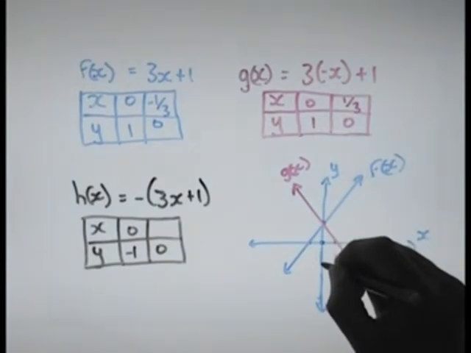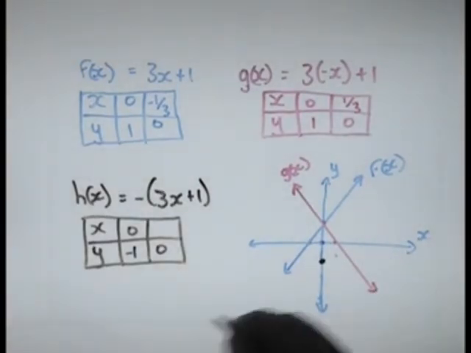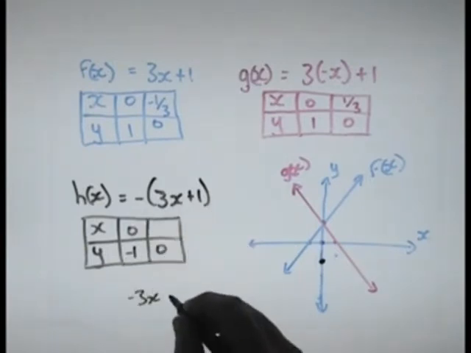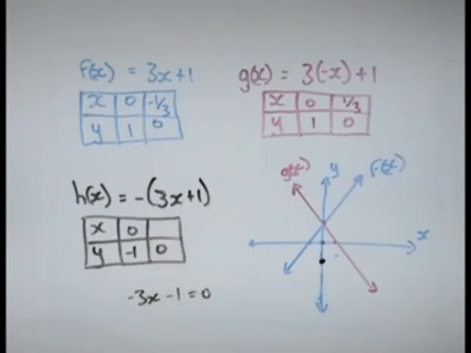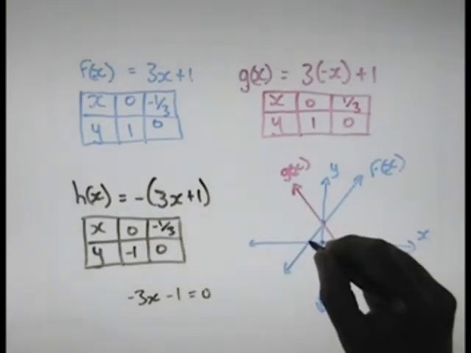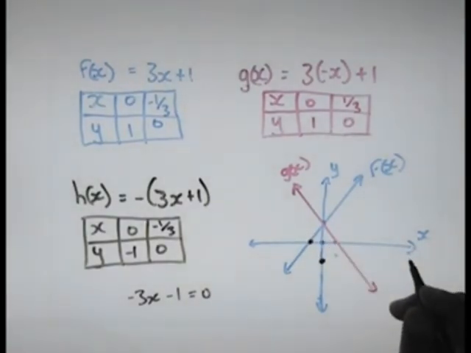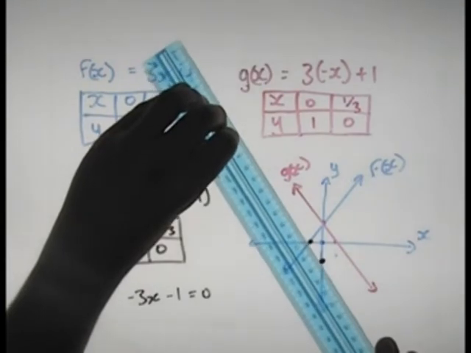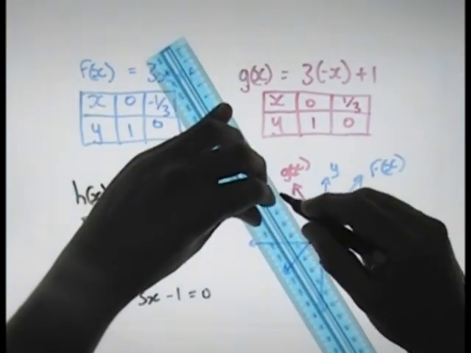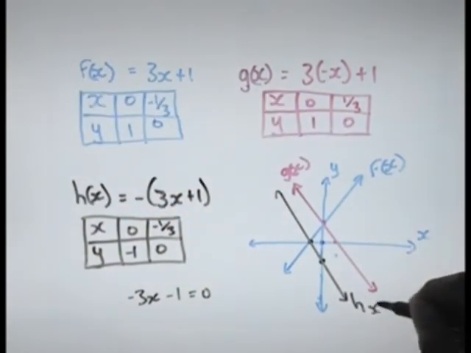That means that the y-intercept is now going to be at -1. And when y is equal to 0, if I multiply that negative in, -3x - 1 is equal to 0. That means that x is equal to -1 over 3. That is going to give us this graph over here, which is the graph, slightly inaccurate, h of x.